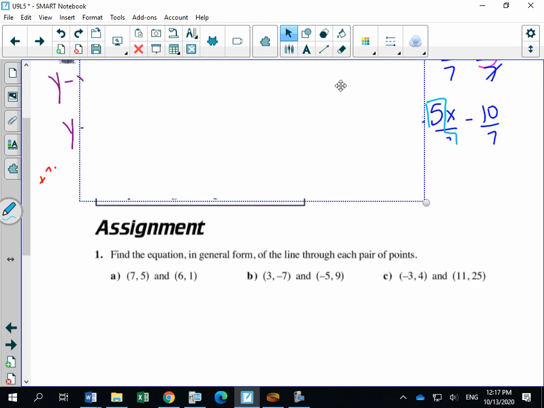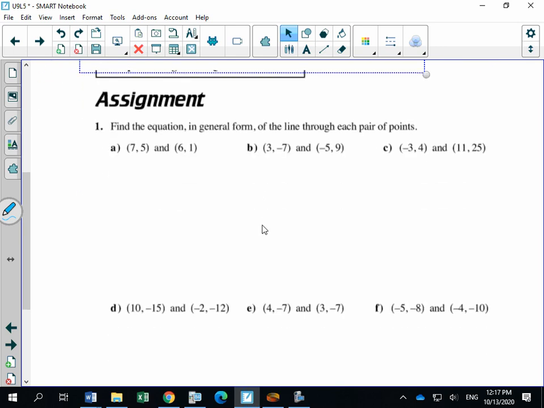Okay, so for question number 1, could you guys circle A, C, and F? So you're given 2 points. Oh, and if you have 2 points, what are you going to calculate first? Slope. Yeah. Then from there, pick either of the 2 points and go into slope point form. And then from there, you go to general. Okay?